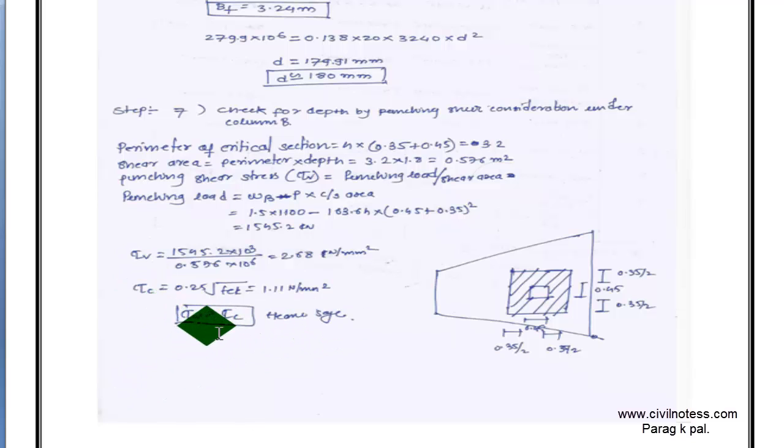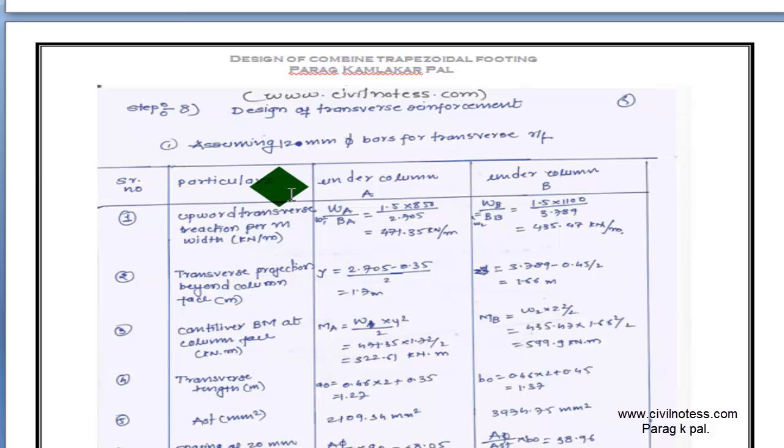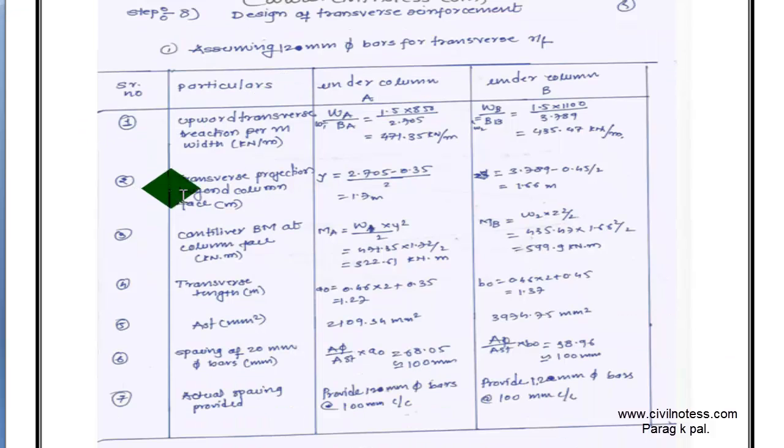Using all these values you get the bending moment, then transverse length a0 and b0 noted in the diagram, then spacing. For spacing I use the normal formula. Here a phi is the area of one steel bar, which is a 12 mm bar; one 12 mm bar steel area is A5.